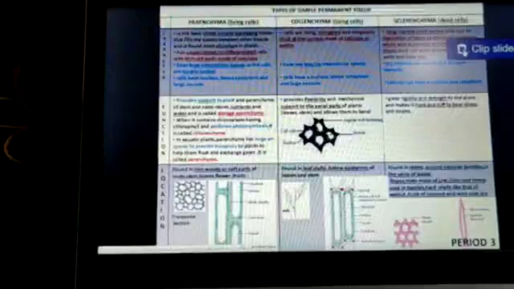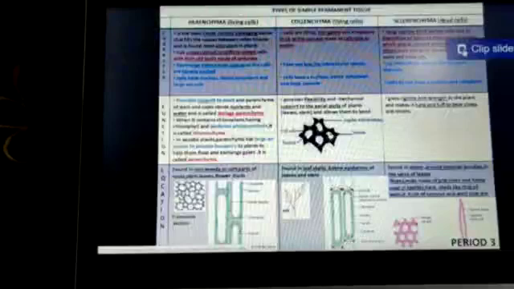Okay. Now coming to the function. Two functions you just remember. What is the function of parenchyma? Parenchyma provides support as well as helps in storage of material. Parenchyma helps in support to the plant body as well as storage.